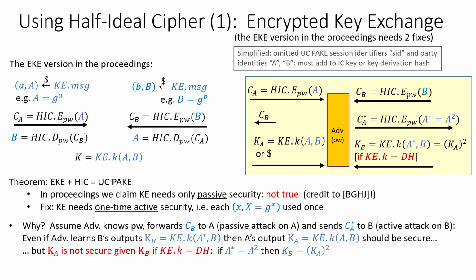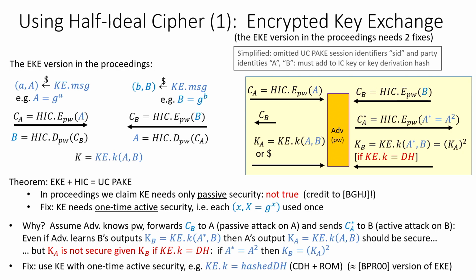So it's rather glaring. It's an active attack. So what's the issue? The issue is that it's an active attack on only Bob. Alice was connected passively, so she should be secure, and she's not. Given Bob's key, the attacker sees Alice's key.